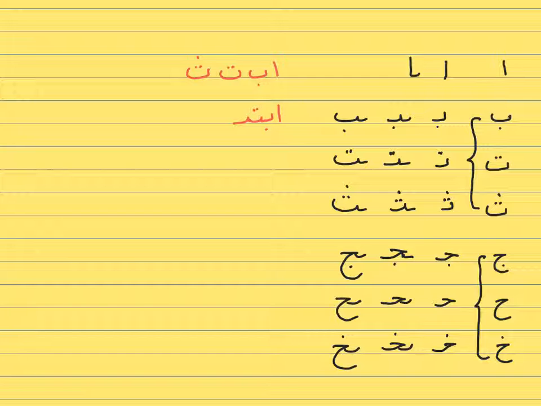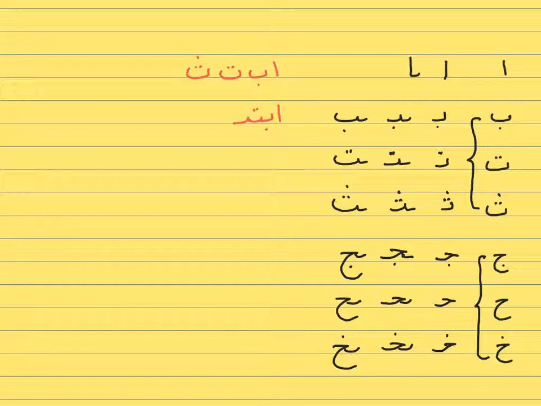Let's look at another example. Now you want to join ta, ba, alif, sa. Okay, so this is the ta, and since you can connect it to ba, you just draw half of the ta and then continue with the ba. Now you want to connect ba to the alif.